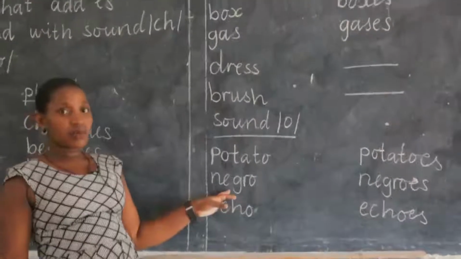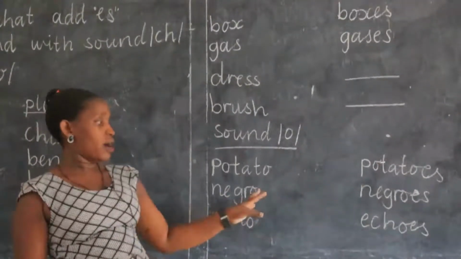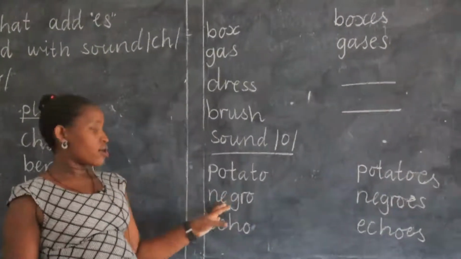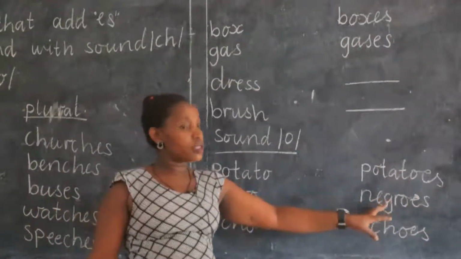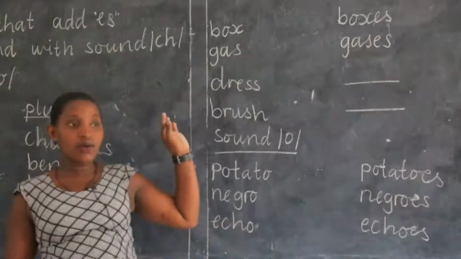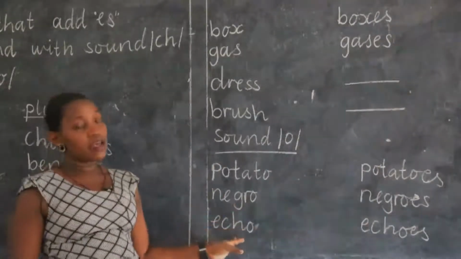Negro, these ones are black Americans. I don't know, but they are black Americans. They are called Negro. Then we add es, and we say Negroes. Then echo, that sound when you talk, and then it comes back, it is an echo.